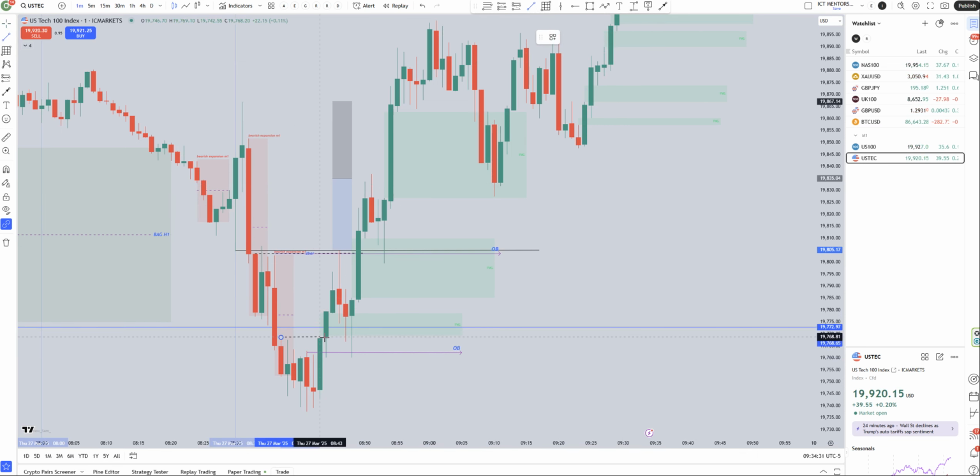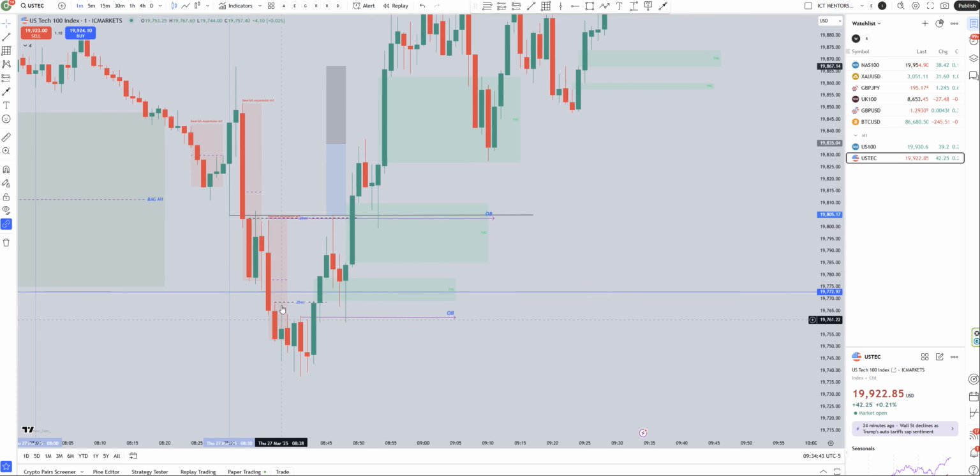And this 2-bar, right? So I started here. Once I saw this happen, I bought here because I was like, okay, this almost happened. I bought here.